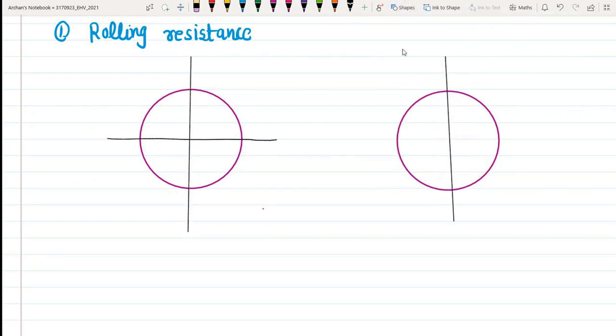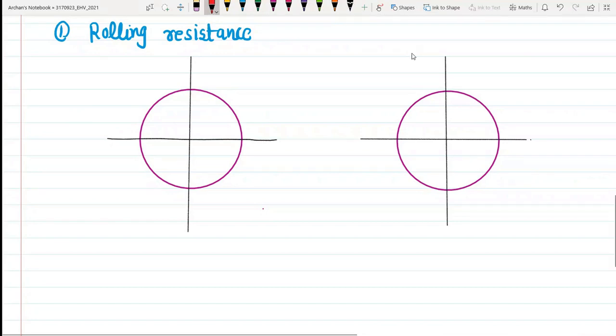Here also we'll consider the center of the wheel like this. Now suppose the direction of the vehicle is over here. This is the moving direction. So this wheel will rotate in the clockwise direction like this.